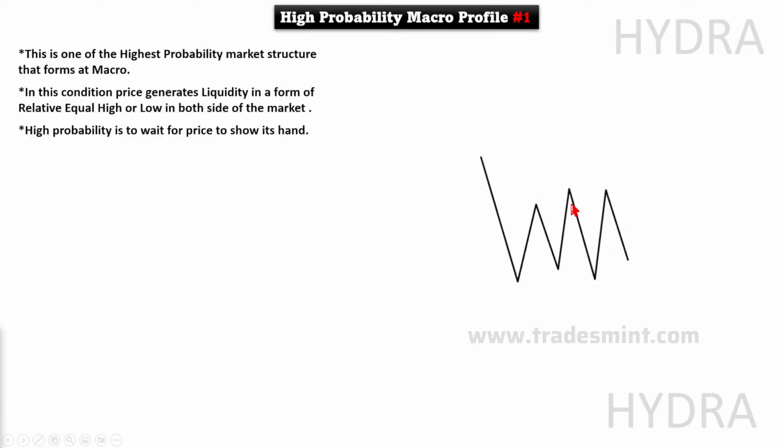We want to see which side of the liquidity price takes first. So if price clears out the relative equal lows first, we are going to target relative equal highs. It's that easy, that simple. Folks, if price clears out equal highs first, we'll be targeting relative equal lows.